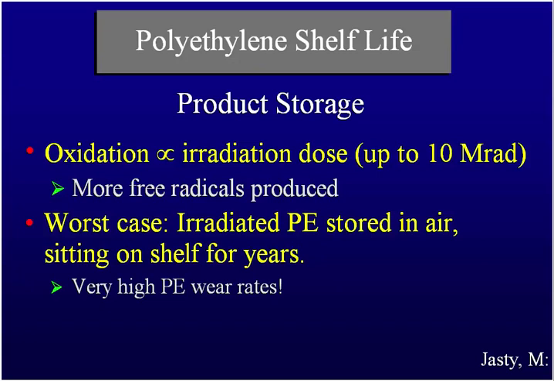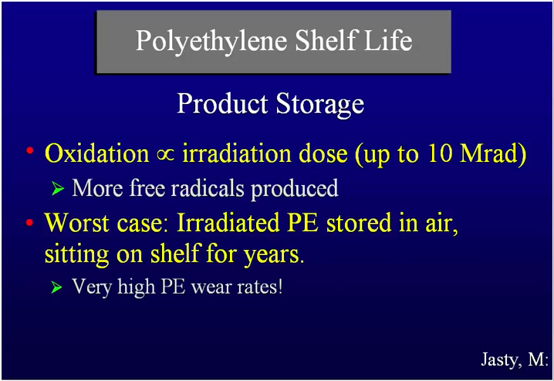So the worst case scenario is irradiated polyethylene stored in air sitting on the shelf for many years. The next worst case is an irradiated product stored in a vacuum packaging that leaks. But the test question is, irradiated polyethylene stored in air is going to oxidize on the shelf and can rapidly fail when you put that into the patient.